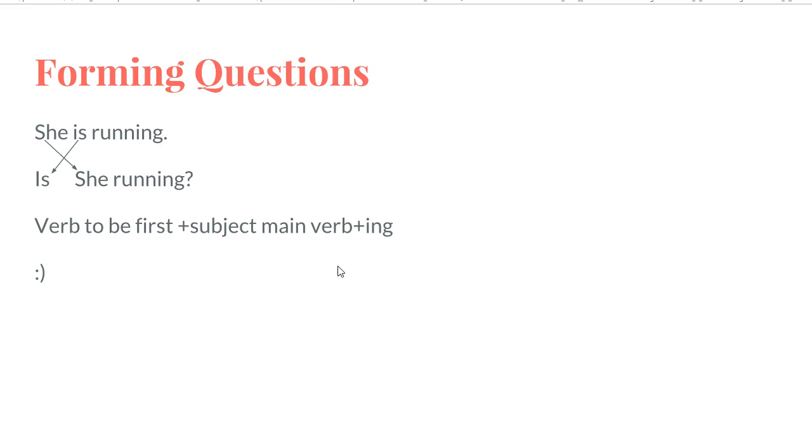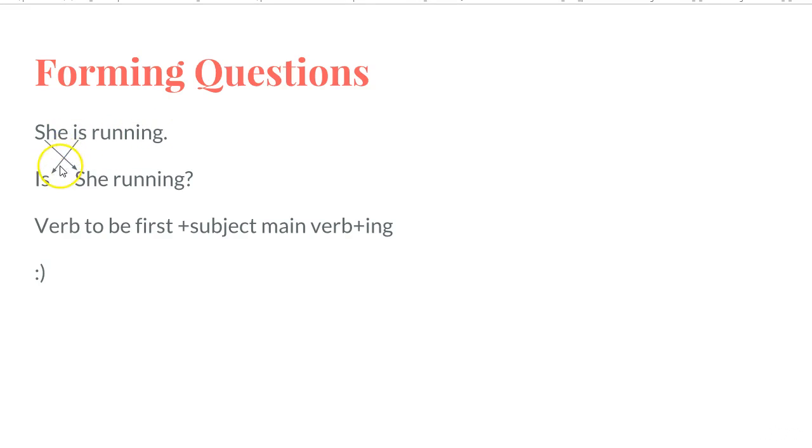Okay, how to form questions. For the present continuous, we usually use inversions. What's an inversion? The sentence usually has the subject at the beginning, the auxiliary verb, and the main verb plus ing.